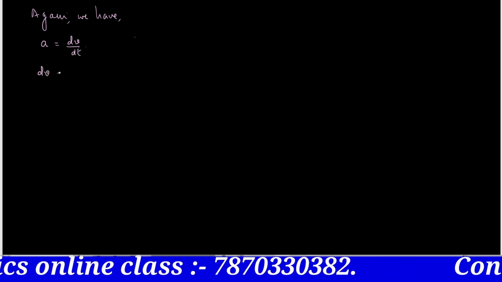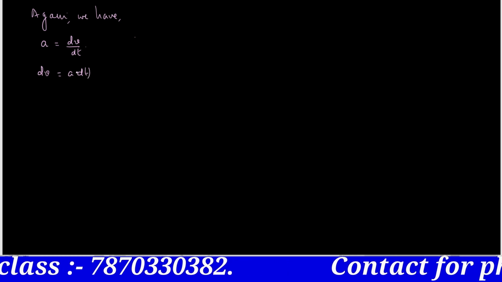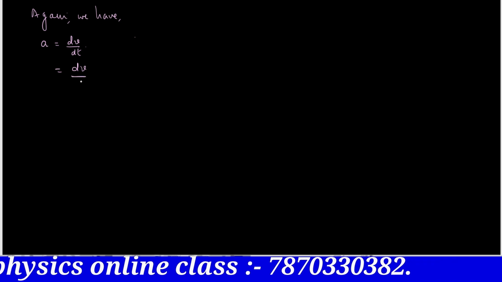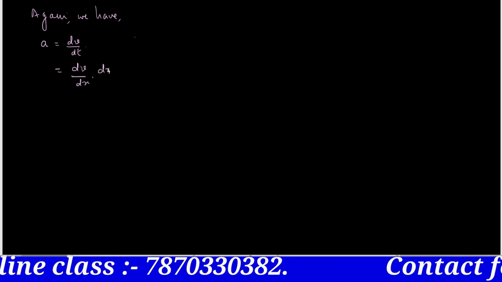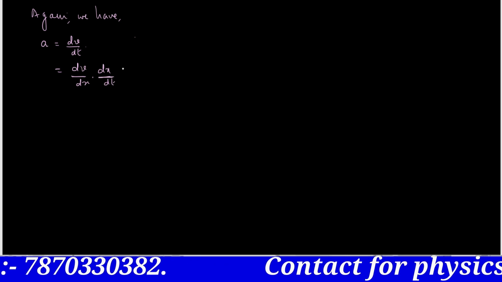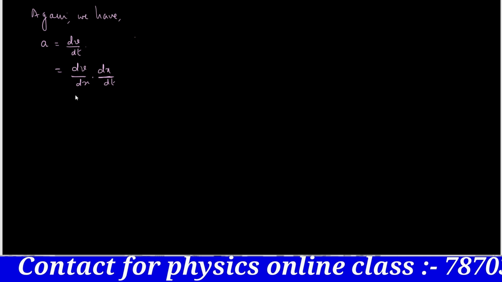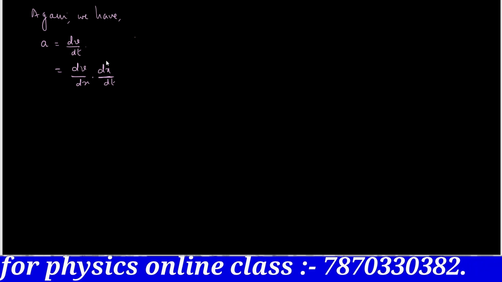Again we have a equal to dv upon dt, so dv equals a dt. Now here we can write dv equal to dv upon dx into dx by dt. I have multiplied and divided by dx, numerator and denominator.